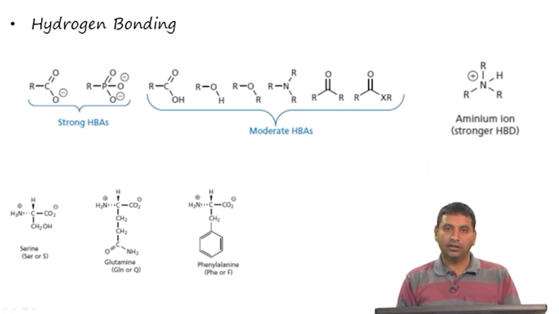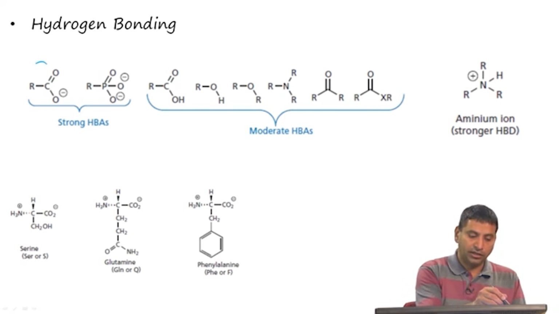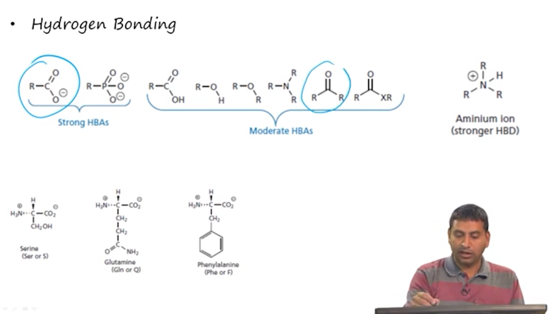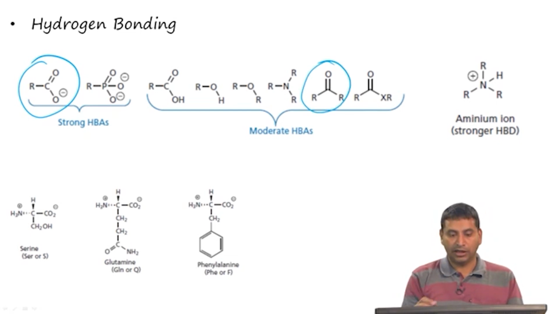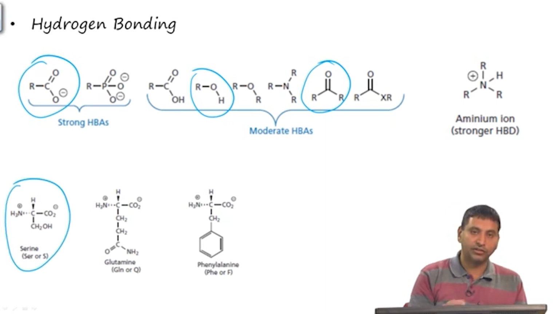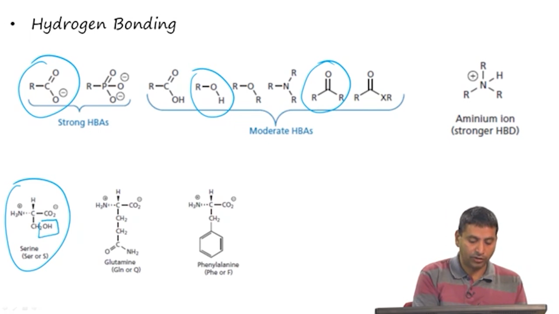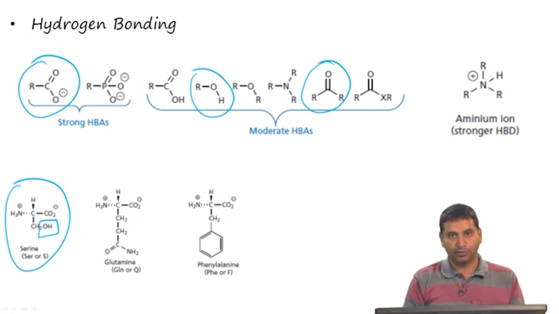So, let us look at, for example, what various hydrogen bonding capabilities of these groups are. So, we have already looked at that carboxylate ions are excellent hydrogen bonding acceptors, whereas carbonyls are moderate hydrogen bond acceptors, and alcohols are also moderate hydrogen bond acceptors. So, in this system here, we have been told that the serine residue is very important, and as you can see, the serine residue has a hydroxyl group, which is a moderate hydrogen bond acceptor.